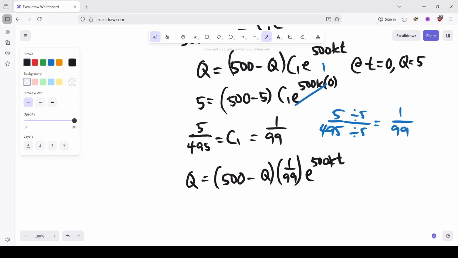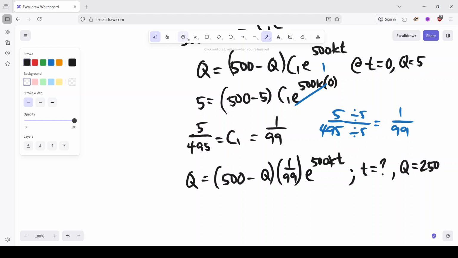So I don't think we need to solve for k. So let's leave k as is. Kasi ang next na nakalagay na dun sa problem natin is find the time if half of the population is now infected. So ang original population natin is 500, so half nun will be 250.